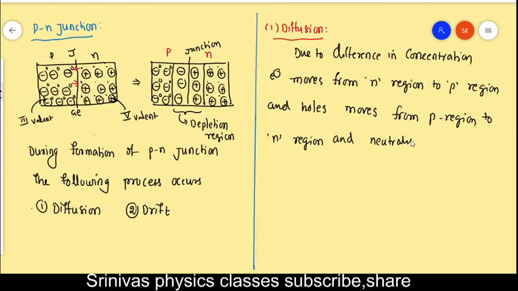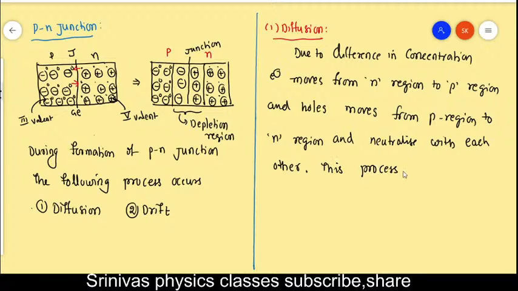This process is called diffusion. This process of neutralizing with each other is called what? Diffusion. This is the diffusion process, diffusion of electrons and holes.